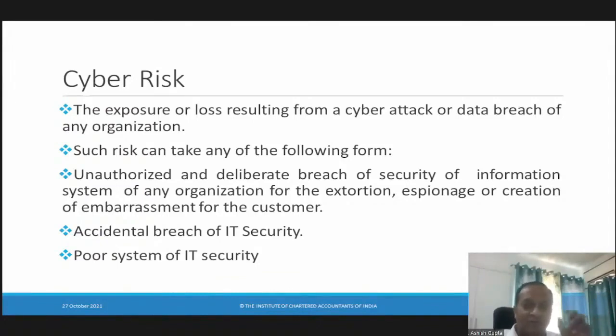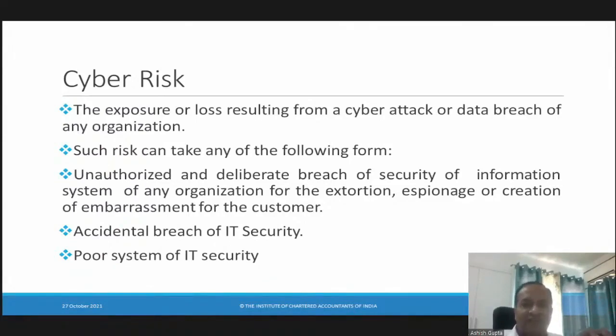So just read the slide carefully. The exposure or the loss resulting from a cyber attack or data breach of an organization. Normally what happens is a data breach. You have read in the newspaper that the data of 1 million customers has been leaked. All these are examples of cyber risk.